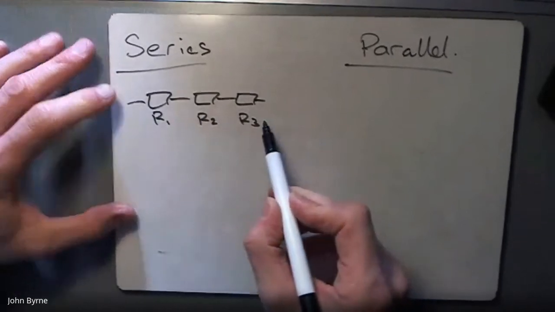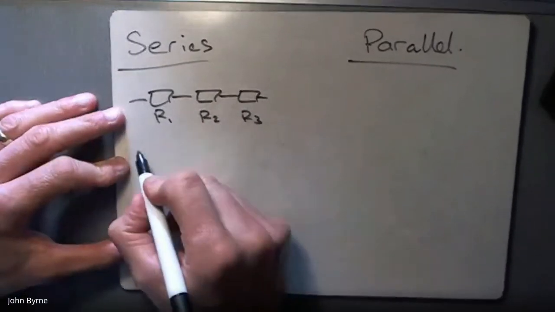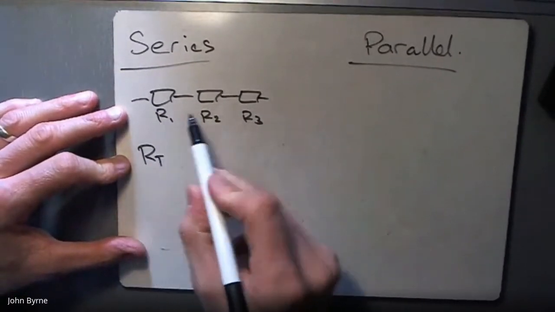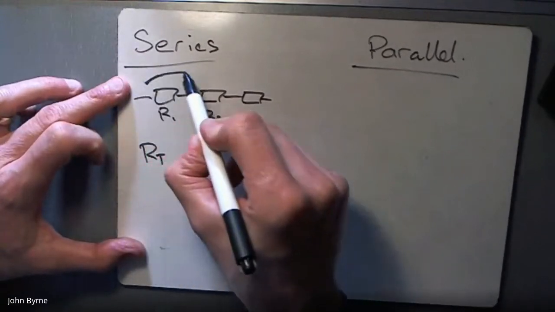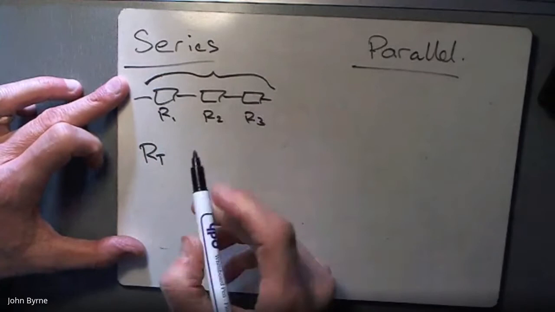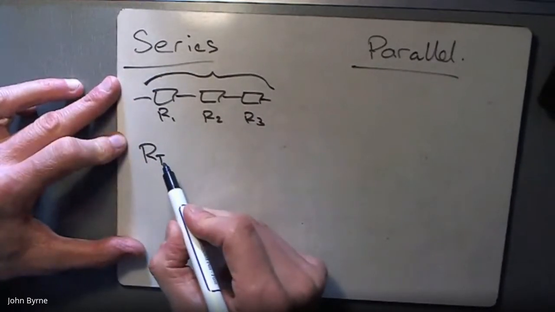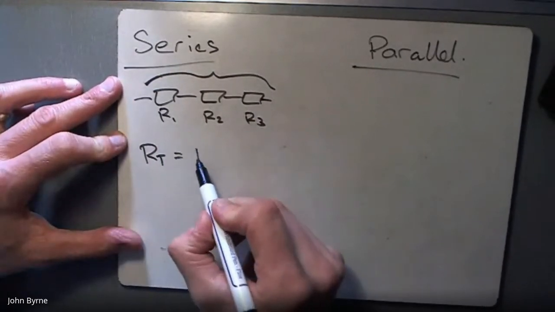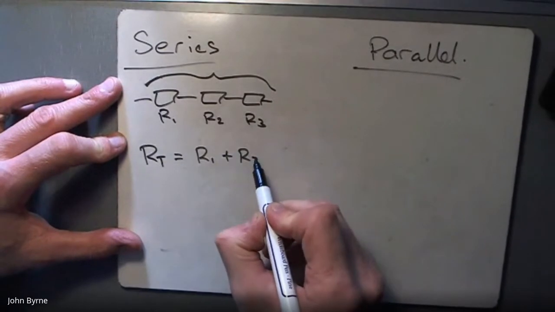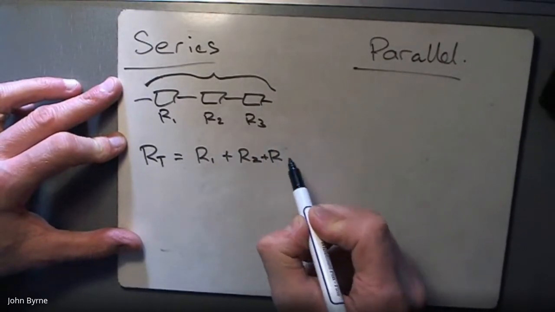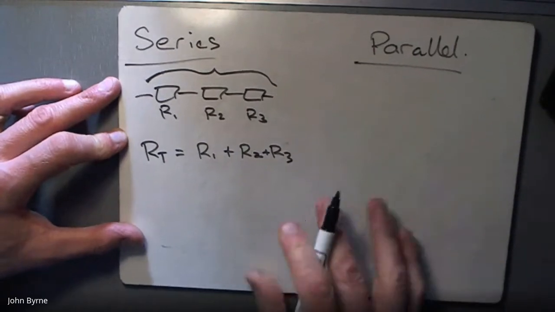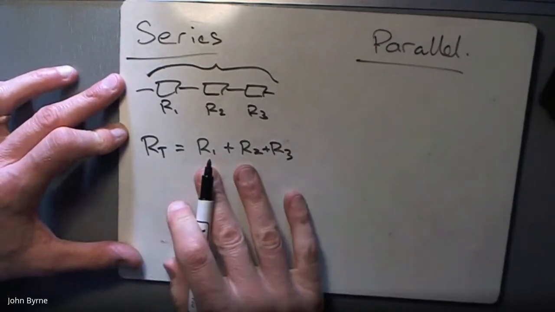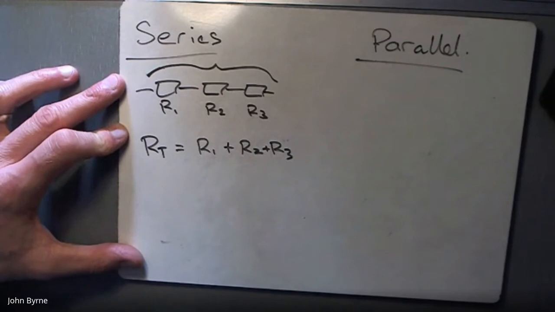So 3 resistor values in series. What's the formula look like for that? To find out the total resistance, so imagine we wanted to replace those 3 resistors with a single value resistor, then this is what it is. RT for maybe our total. We just simply add those 3 resistor values together. And if it was 4, you just add the 4th one, 5th, etc. Nice and tidy.